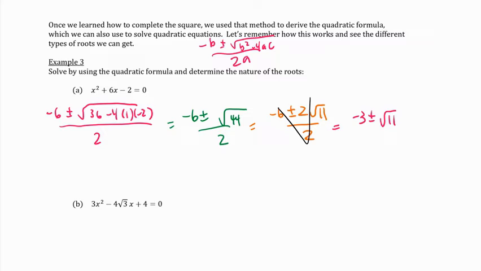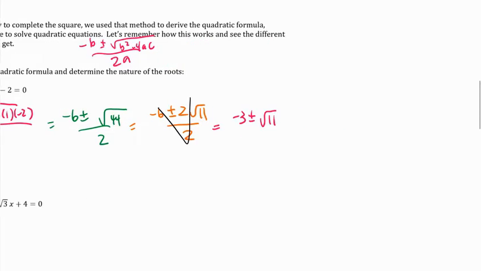All right, I don't have a negative under the radical, so I have real answers, and I have 2 of them, and they're going to be different. One's going to be negative 3 plus root 11, and the other is going to be negative 3 minus root 11. So 2 unequal real roots. And it was a real root because I didn't get a negative underneath the radical.